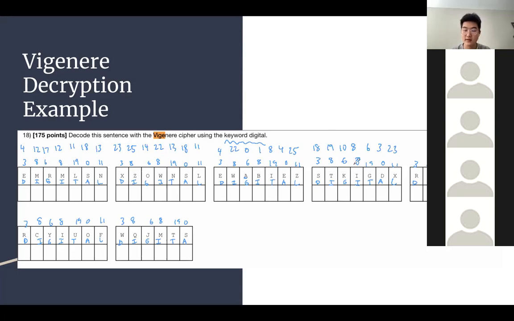But you can see a lot of the times we're going to end up with negative numbers. Like we're doing 8 minus 19 here. We're doing 0 minus 6 here. So definitely in encryption, I mean in decryption, we're going to have a lot more cases where we need to use mod math.